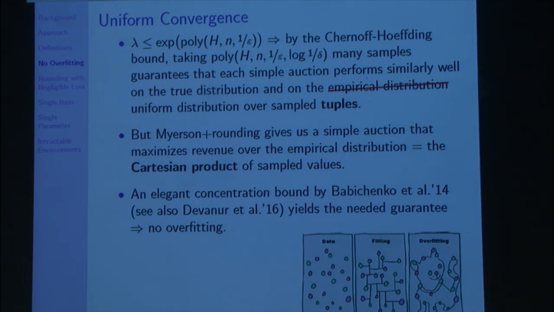It says that even if what you want to be close to the underlying expectation is the expectation on the Cartesian product of samples versus on the tuples of samples, still log of whatever suffices in a similar way. There's a bit of a difference in constants, etc., but qualitatively it's still log, and that's what we need. So we apply this and no overfitting.